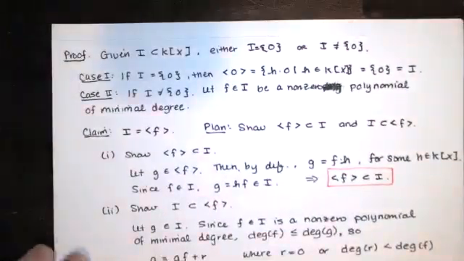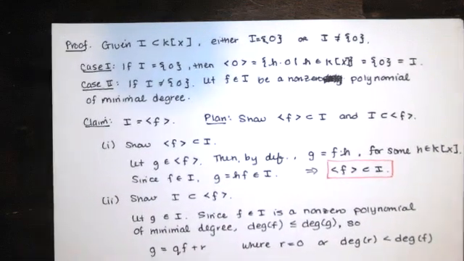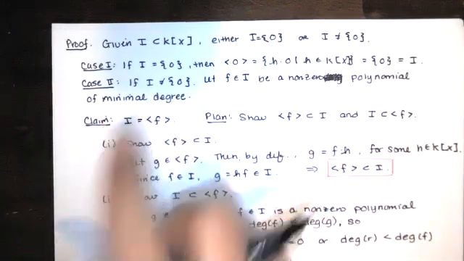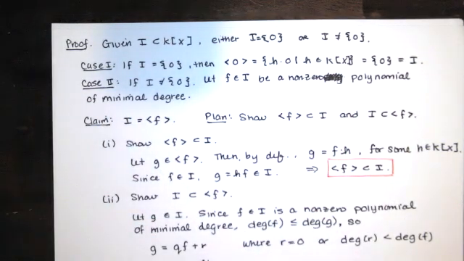Now, we know that every ideal is generated by a single polynomial, but it's kind of hard to find it. Remember what that proof just suggested? It's saying that if you have an ideal, it's generated by a non-zero polynomial of minimal degree. Just find that.